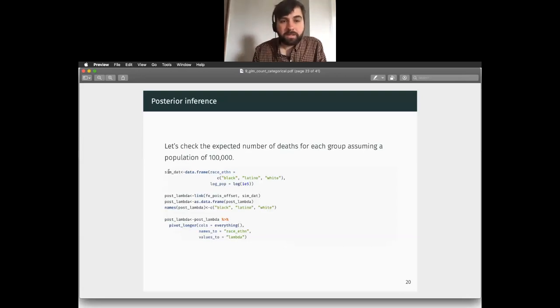So what I want to do is simulate the number of expected deaths for African Americans, Latinos, and whites when population size is 100,000. I'm going to set my log pop variable equal to the logarithm of 100,000. Then I'm going to use the link function with my FE Poisson offset model in this simulation data, convert it to a data frame, rename it, and do the pivot longer trick I did a little while ago.